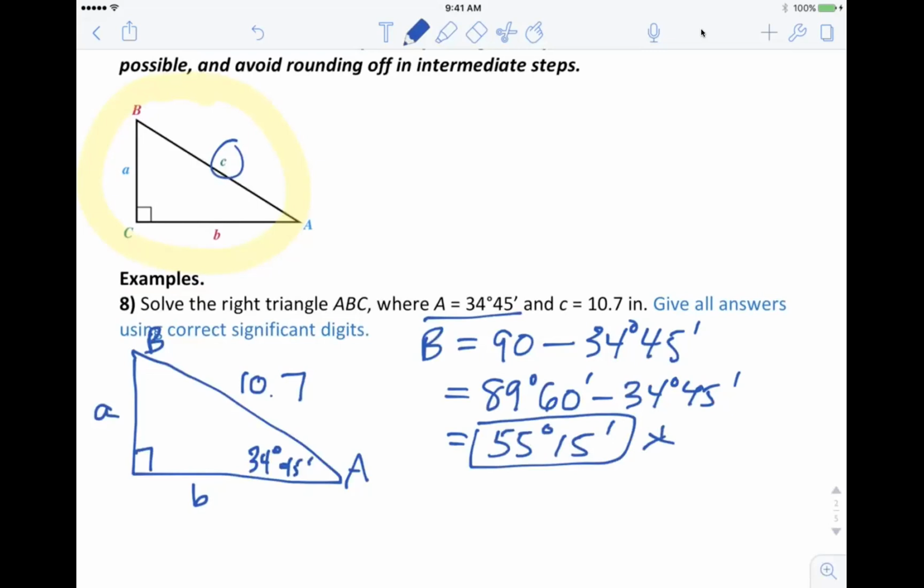Okay, so next let's try to find little a. Notice little a is opposite the angle, and I have the hypotenuse. So the key players here are opposite and hypotenuse. And if you think about right triangle trigonometry, that's sine, because sine is defined to be the opposite divided by the hypotenuse. So I'm going to use that fact.